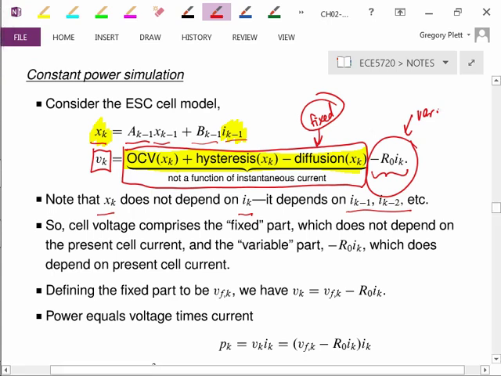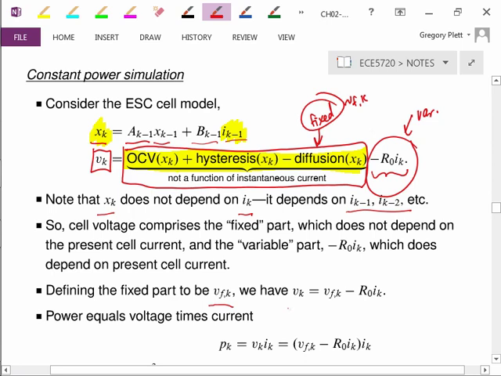So if we, in our nomenclature, give this notation to the fixed part and call that V_F,k, then we have v_k equals V_F,k minus R0 times i_k. Now that's really helpful.